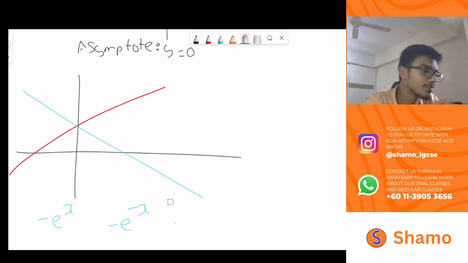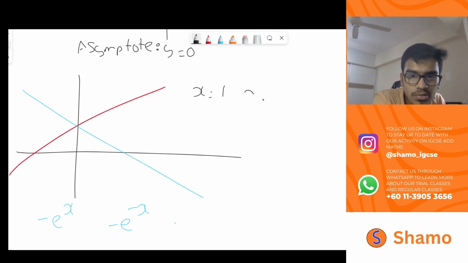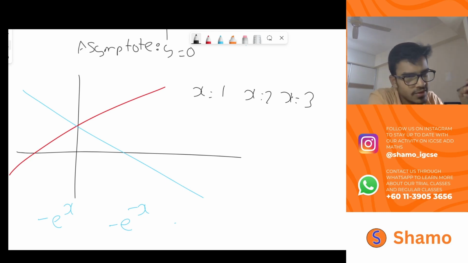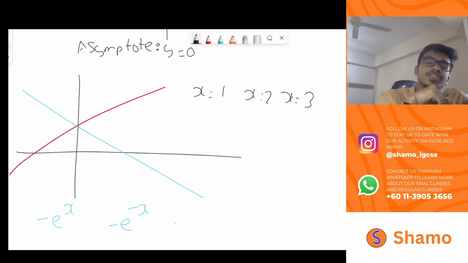Either go to Desmos, memorize all the combinations, or the second thing could be use some logic to find the shape in the exam, or the third thing could be find many coordinates. For example, at x equals 1, x equals 2, x equals 3, find many coordinates, plot them, and that way you'll get the shape of the graph.